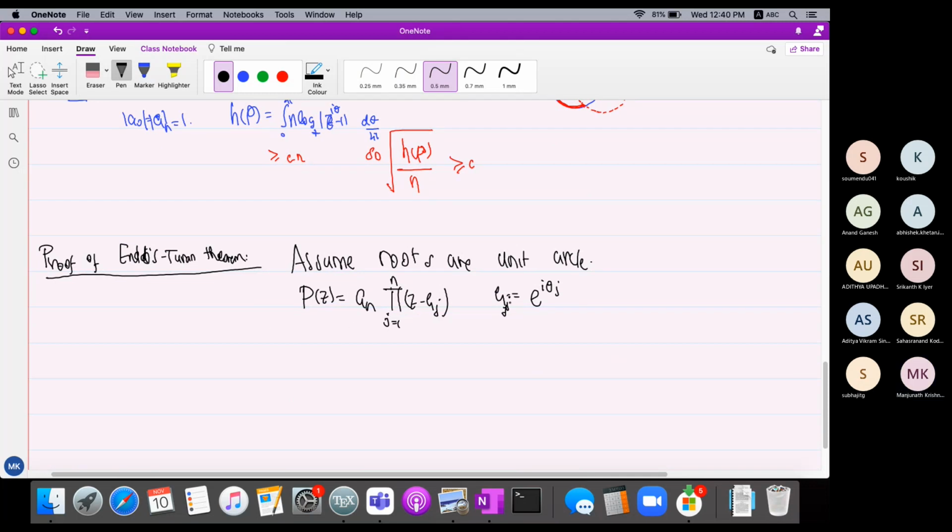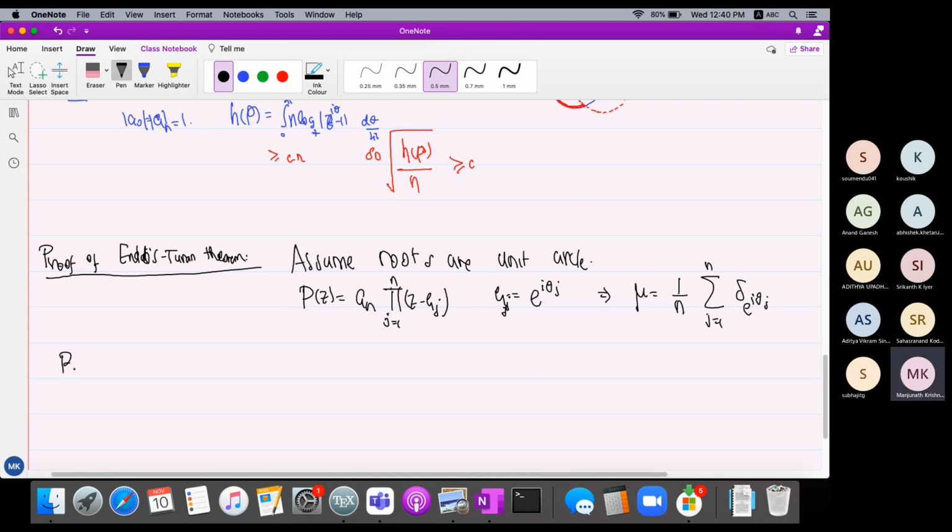So then for our angular equidistribution, there is no radial scaling required because the roots are already on the unit circle. So mu is the measure which puts mass 1 over n at all the e to the i theta_j's.